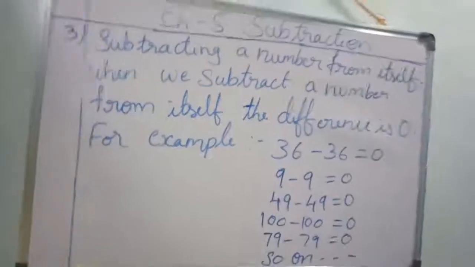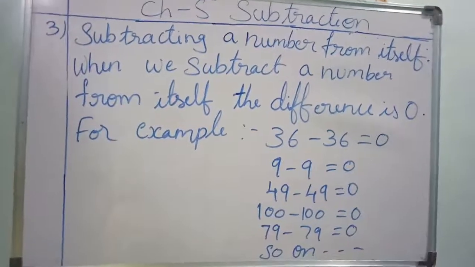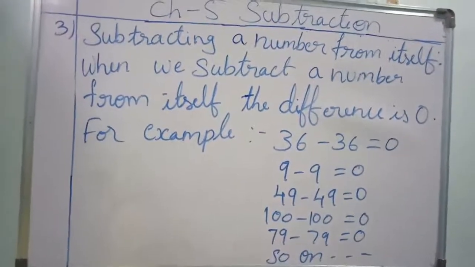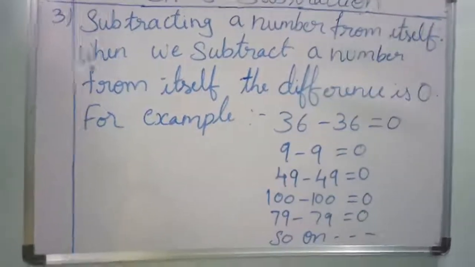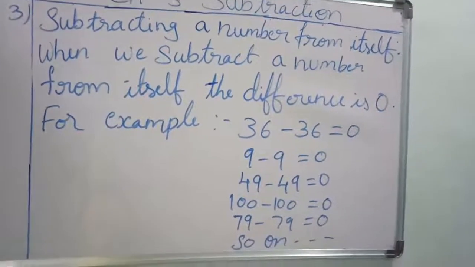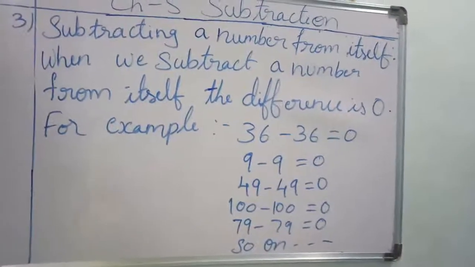Third one, what is that? Subtracting a number from itself. When we subtract a number from itself, the difference is always 0 only.